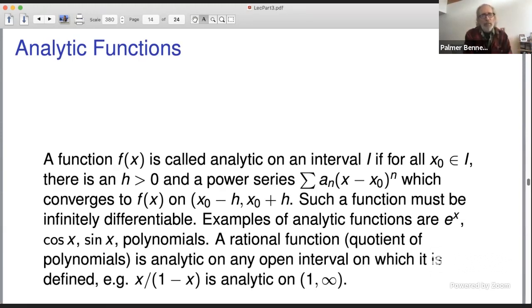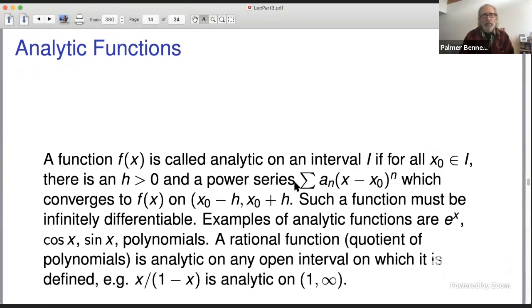So there's an h bigger than 0 and a power series centered at x naught, such that that power series converges to the function on an interval centered at x naught. There's a parenthesis missing there. Okay, so every function that can locally be represented by a power series is called an analytic function.